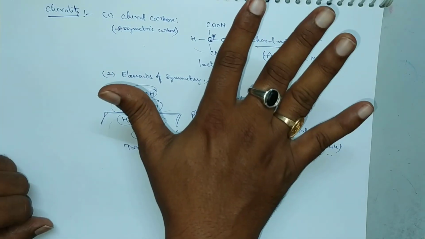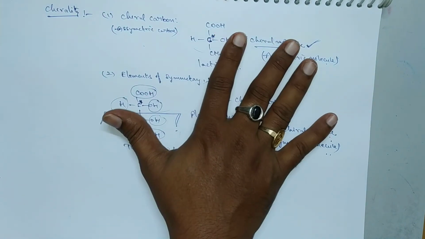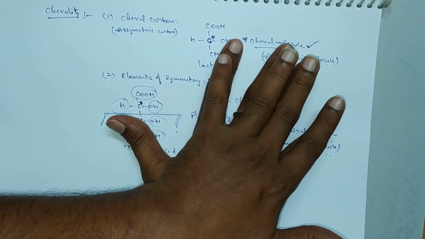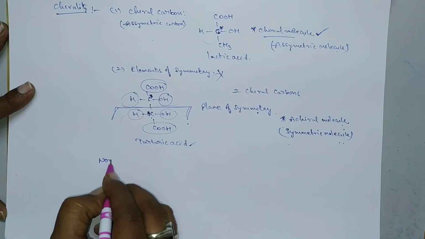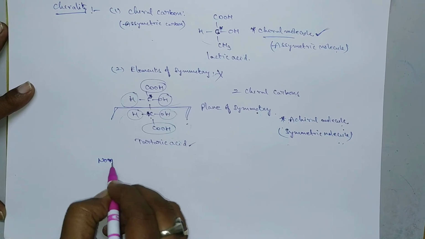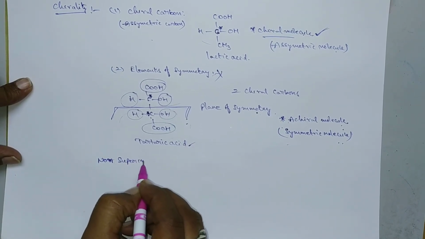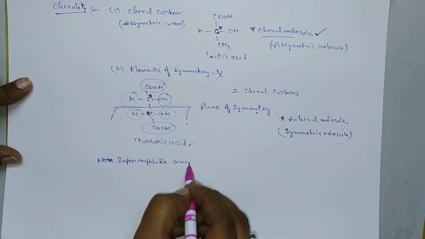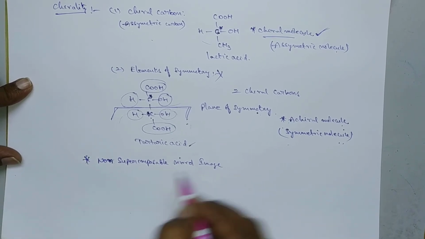So any molecule which has a non-superimposable mirror image, this has a mirror image, this one, and it is not superimposable, then that molecule is said to be a chiral molecule. We can check this point only.